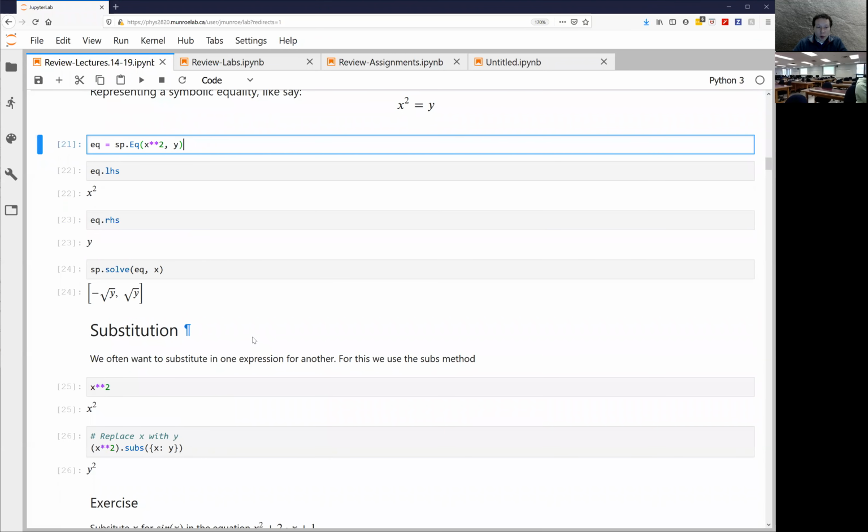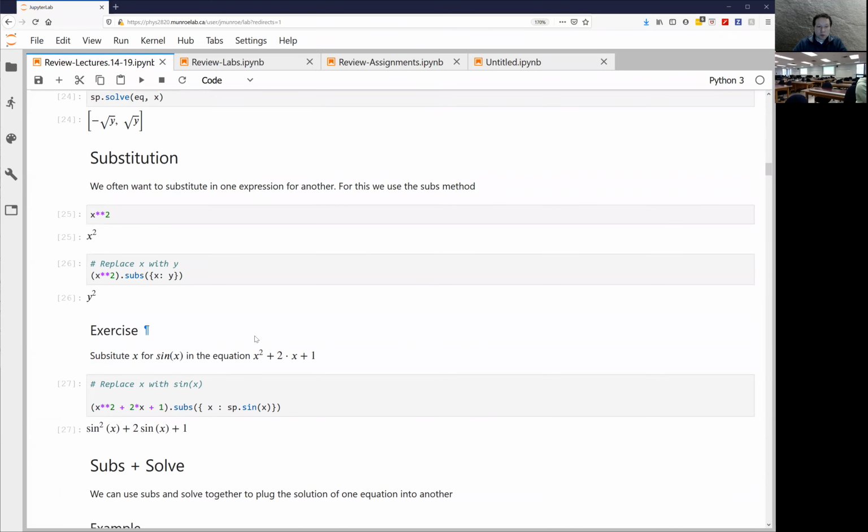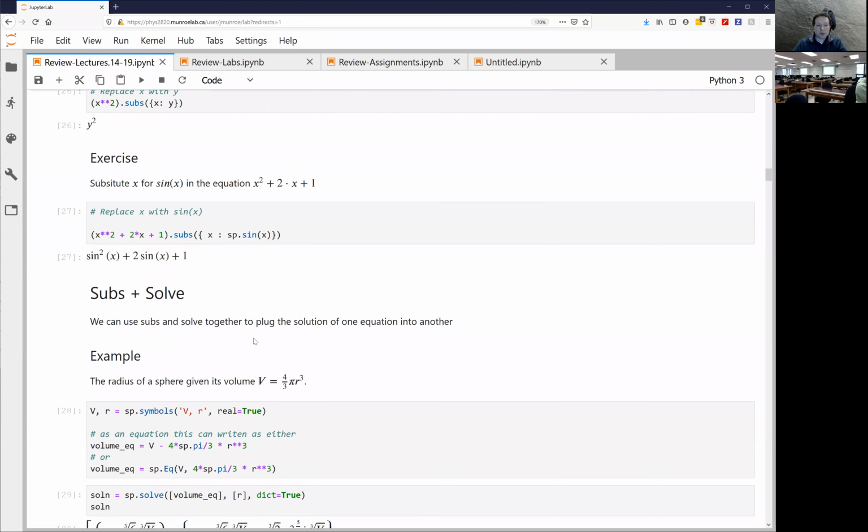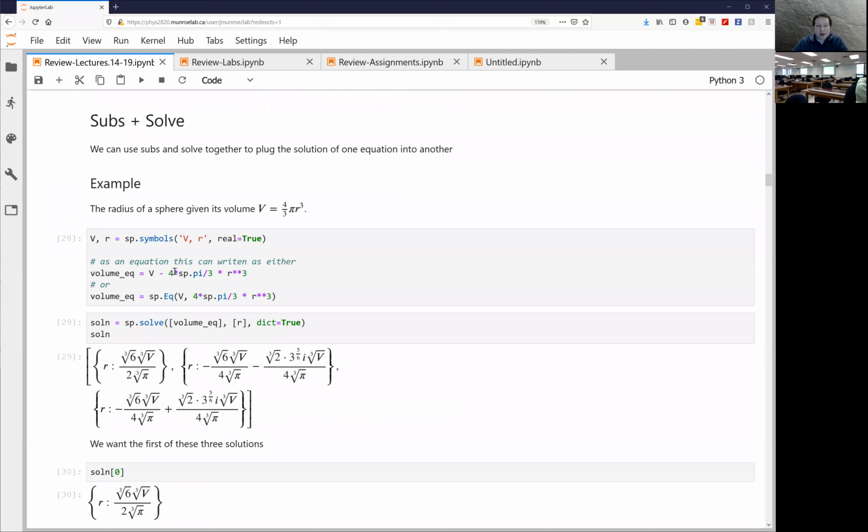So with those 2 different ways of doing it, we talked about how to set these things up. In general, you have some set of symbols. You define an equation, and you can either define an equation as a single expression, v minus 4/3 pi r cubed, which you assume is equal to 0, or you can use the Eq operator and say this whole thing represents an equation.